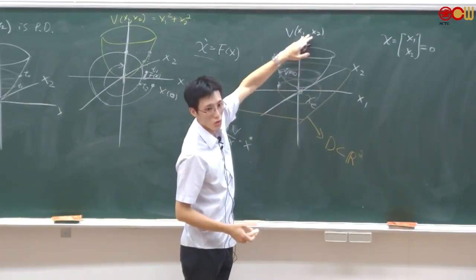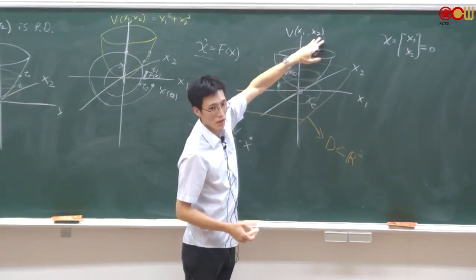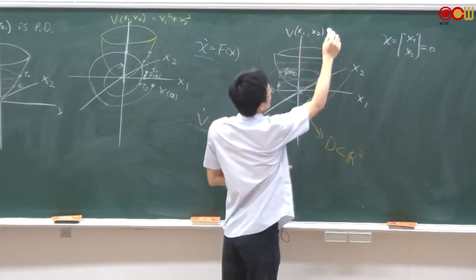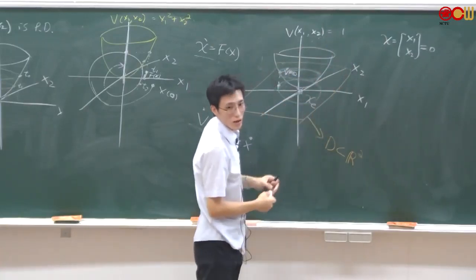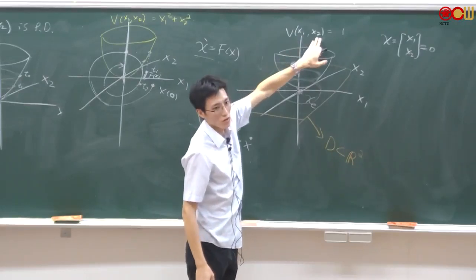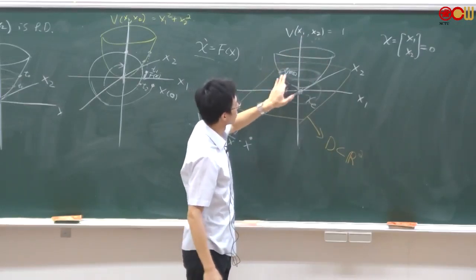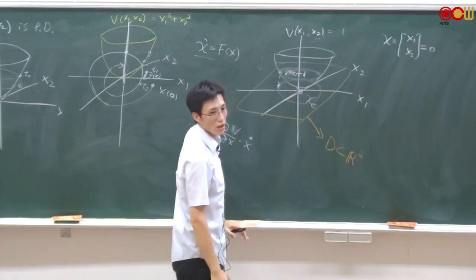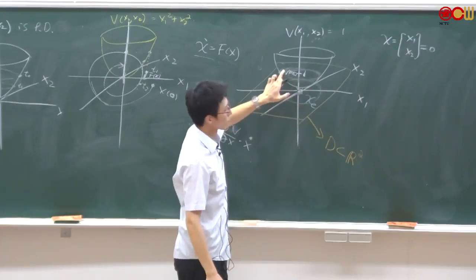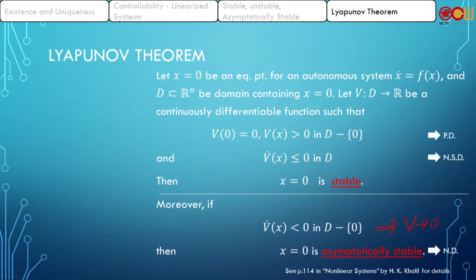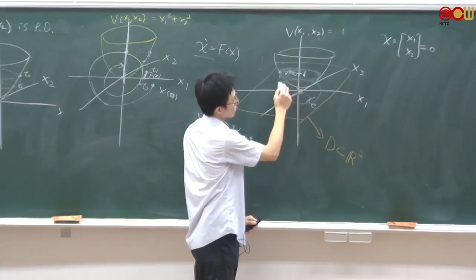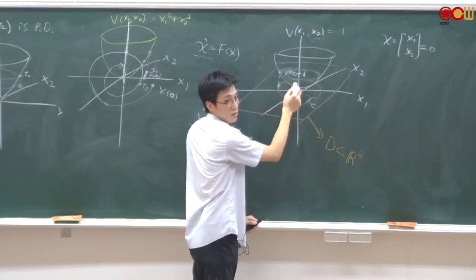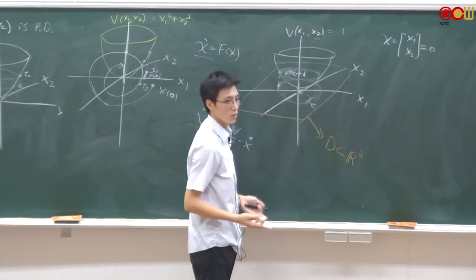When V is constant, x1, x2 could be any value satisfying, for example, V equals 1, right? 这时候你的 x1, x2 有很多 value 嘛，就是任何 value 在这个 orbit，它的 V value 是等于1的时候嘛，对不对？这些点都符合嘛？那这些点是等于0吗？不是嘛，它是在 D 里面嘛。OK，那这时候不就是 stable 啊？因为它不到平衡点嘛，它在这里。It's not converging to 0. It stays away from 0, but it doesn't go anywhere, so it's stable.